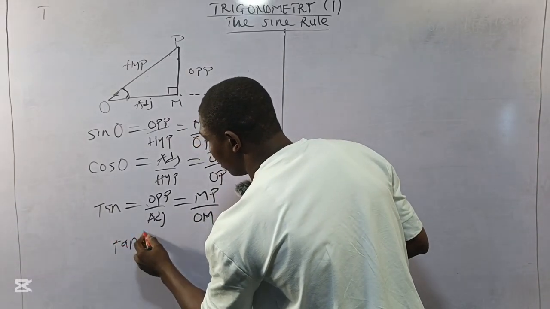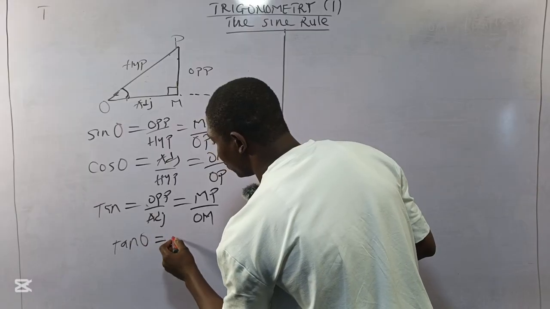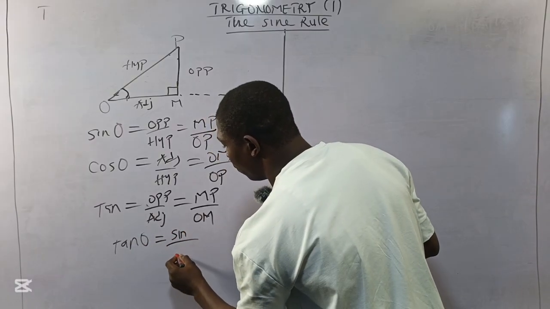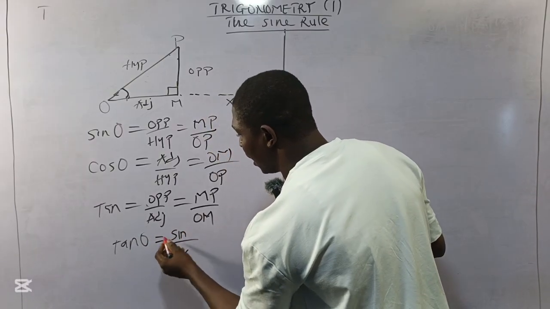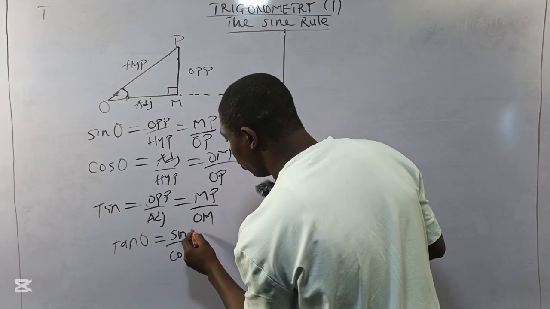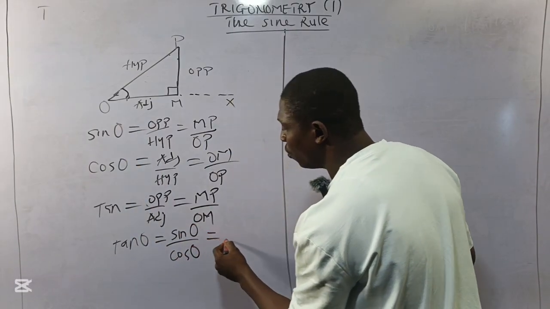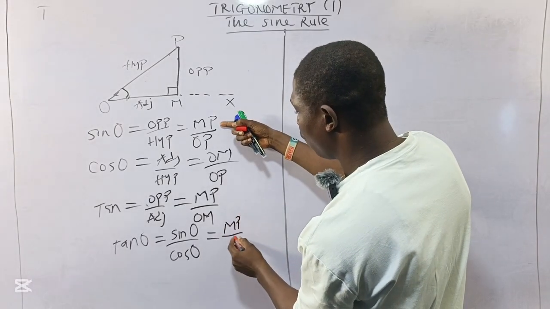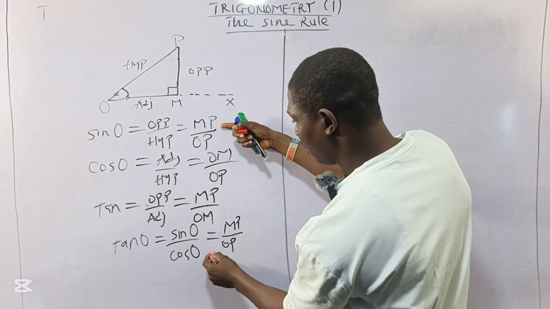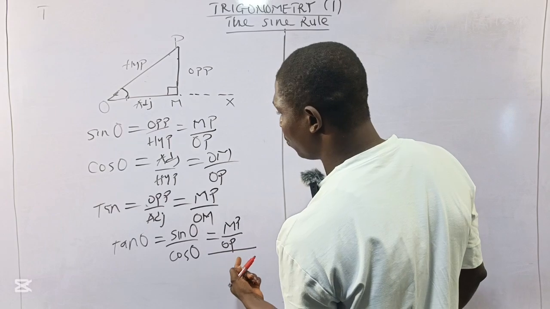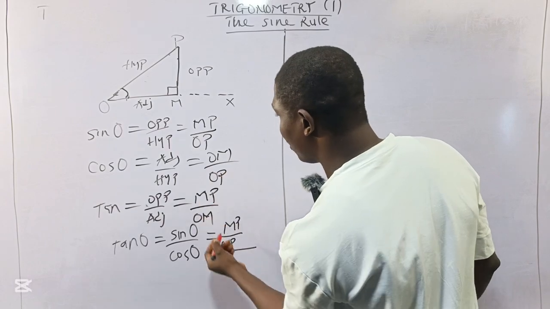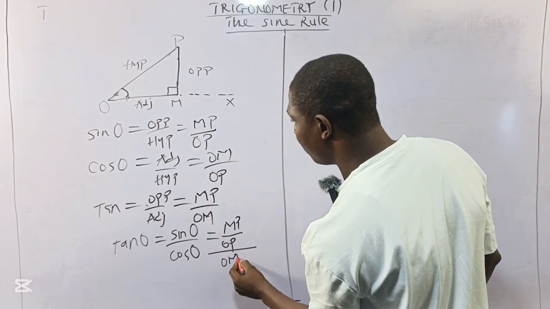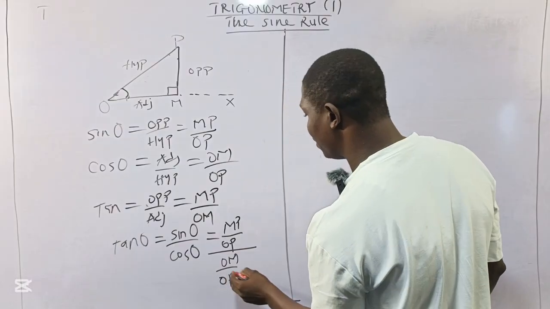Tan can be gotten in another way, because tan generally is sine over cos. And I'm talking about O. So it becomes sine O over cos O. And sine here is MP over OP, all over cos, which is OM over OP.